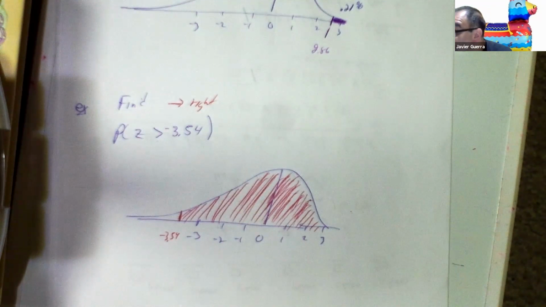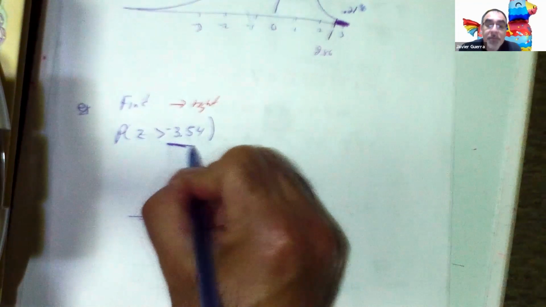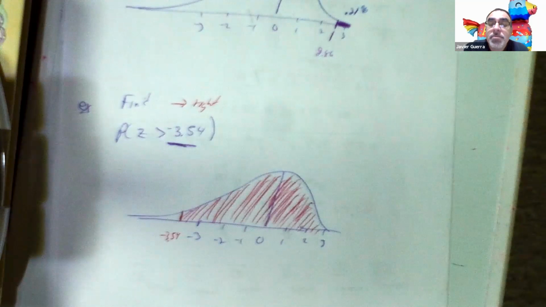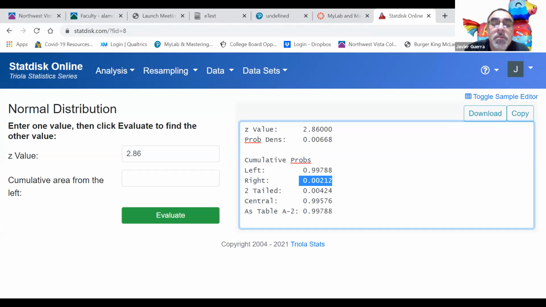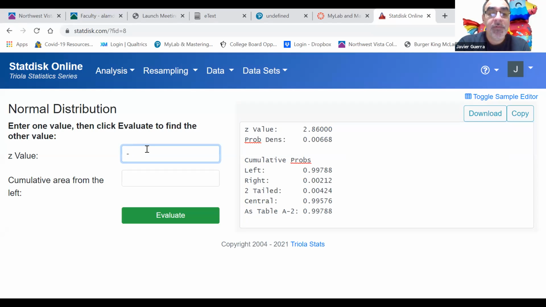I'm going to enter negative, don't forget the negatives, negative 3.54.